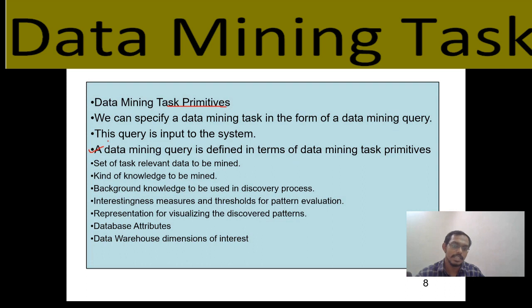The next is the set of task-relevant data to be mined. It is one of the important jobs to identify the relevant data for data mining. In real life, there is lots of data available, but it is not all actual data. It is a chunk of data.